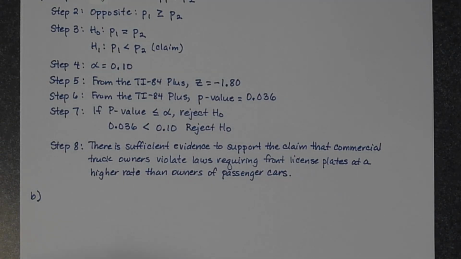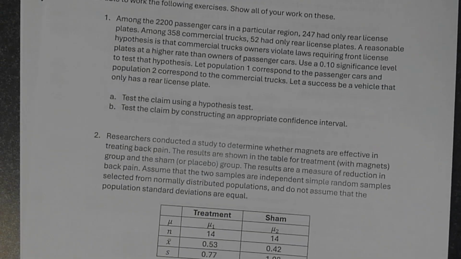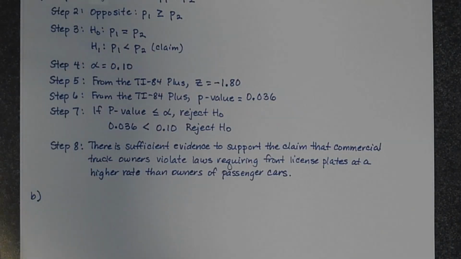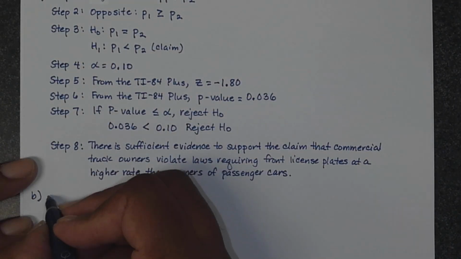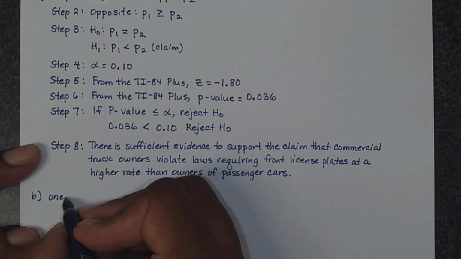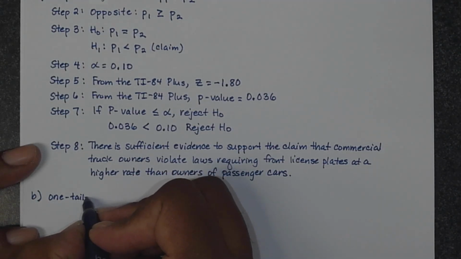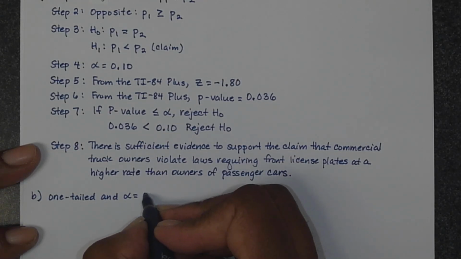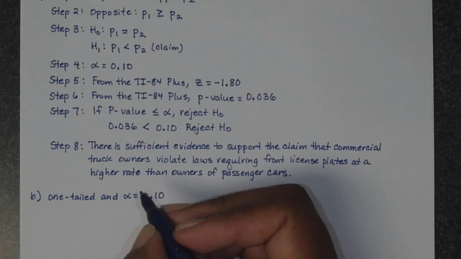Now, part B in this case was to test the claim by constructing an appropriate confidence interval. Okay, so let's think about this. We have a one-tail test because the alternative hypothesis is less than, so it's a one-tail test. And we have an alpha level from step number 4 of 0.10.